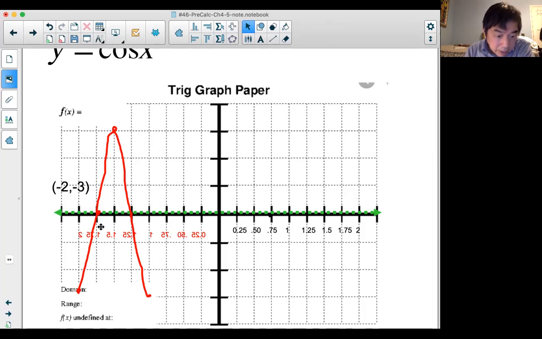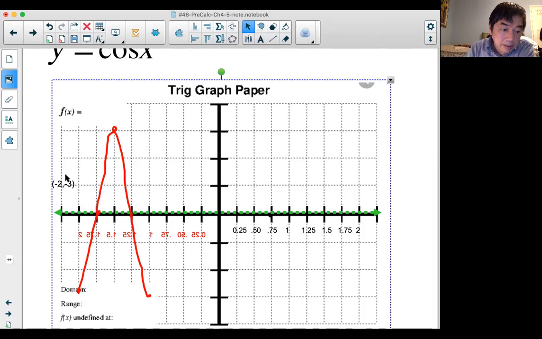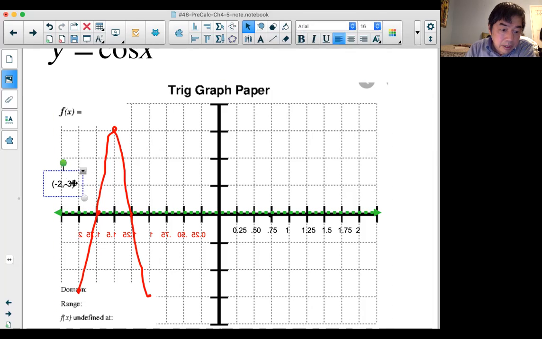So then the intercept is negative 1.75. You can write down the fraction, but since I wrote down negative 1.75 and 0, right?